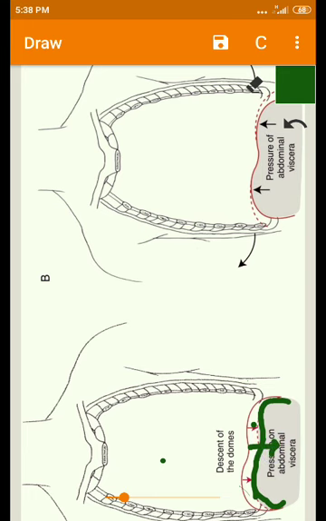This axial displacement of the dome caudally displaces the abdominal contents, the abdominal structures which are present. That means the abdominal contents are compressed.